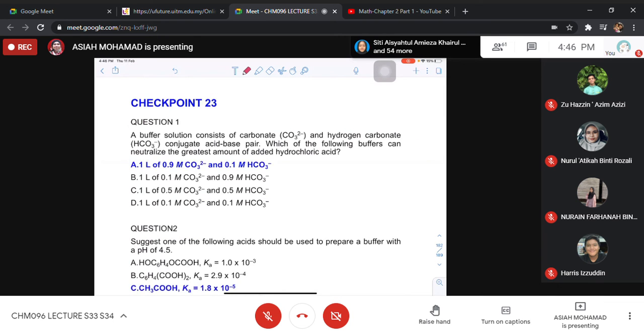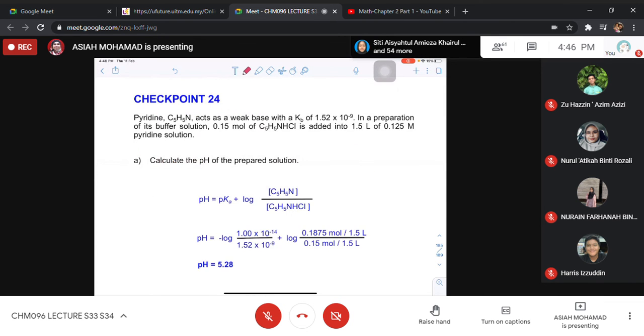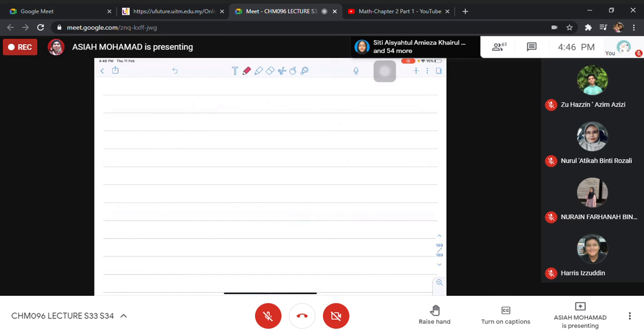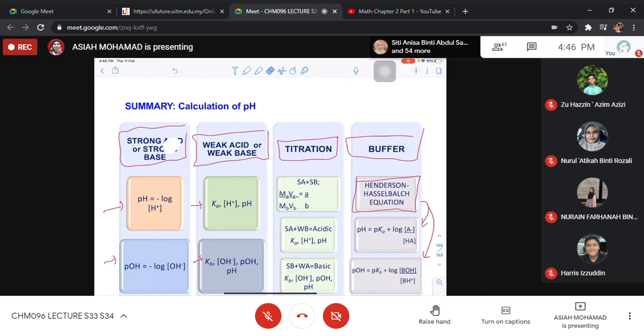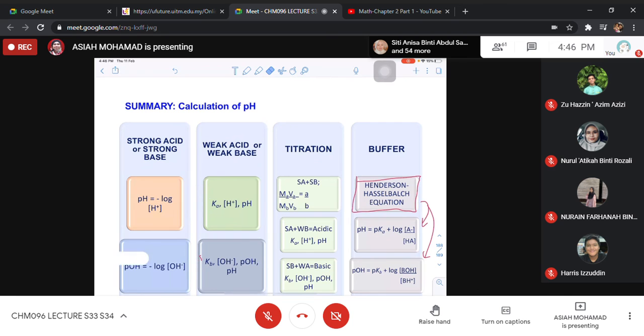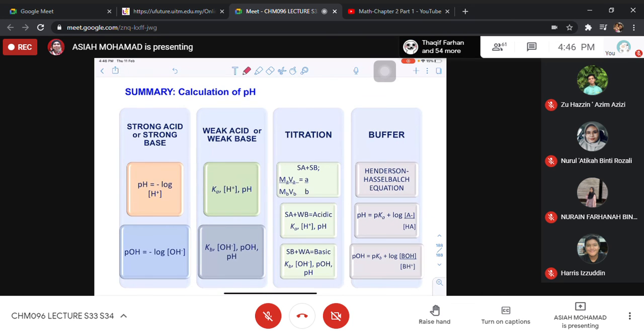Alright, so this is the effectiveness of buffer. This is the summary of this chapter. Once we get to buffer, there are actually 4 types of calculation of pH.